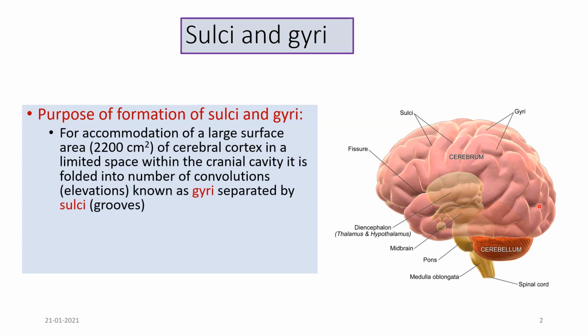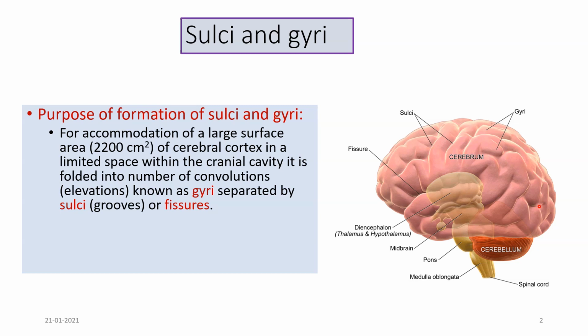So for that it has to be folded into a number of convolutions or elevations that are known as gyri, which are separated by the grooves known as sulci or fissures.